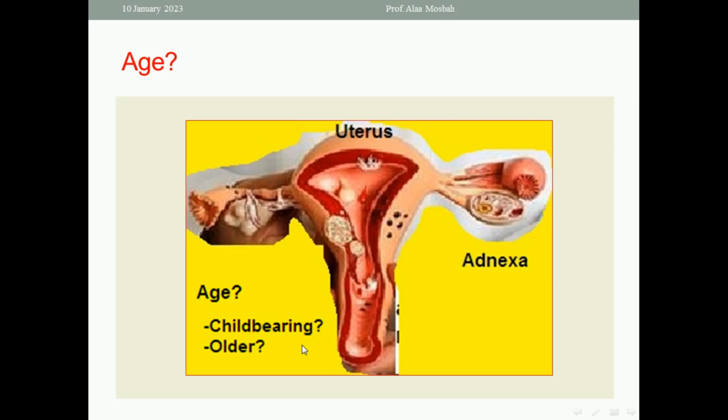But every rule has an exception, of course, because I can see ovarian mass or tubal mass in childbearing age, but we are saying what is more common.